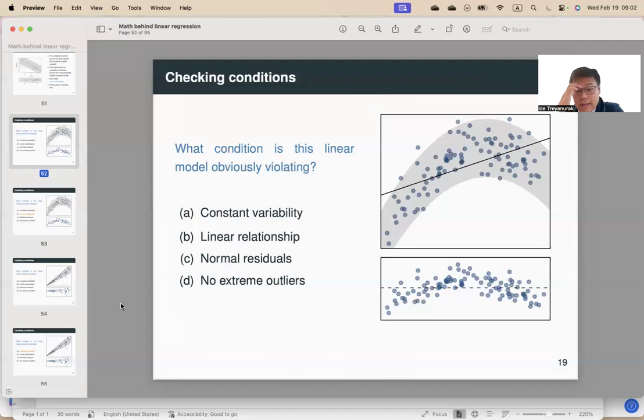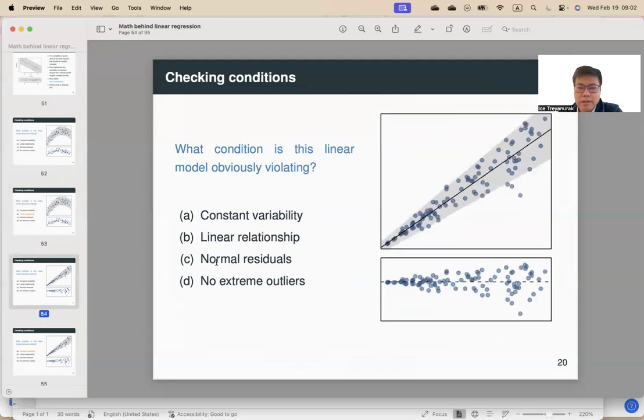All right. So if you look at this example, this model does not have constant variability, right? And it's not a linear relationship. The residuals are also not normal, yeah. But it's definitely not a linear relationship. You see, it looks quadratic, right?